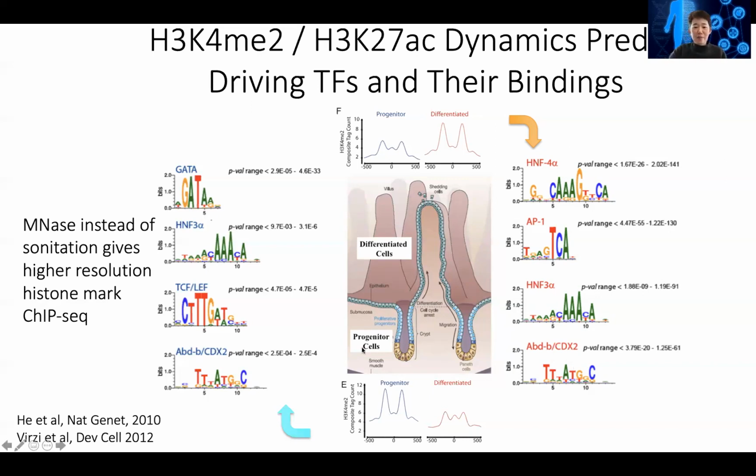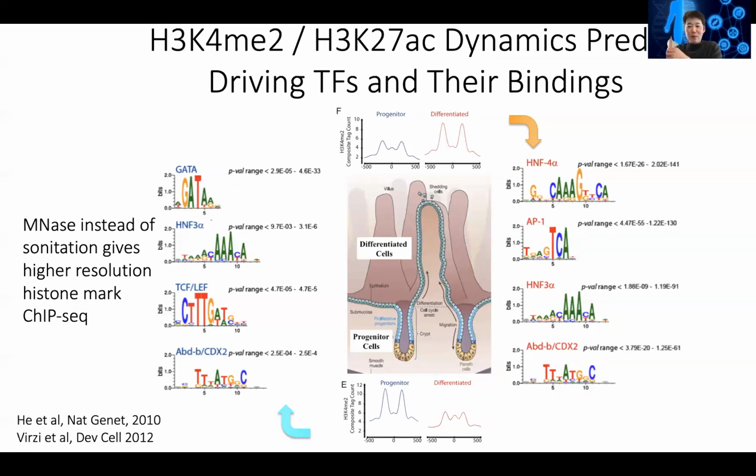This is because the same transcription factor is cooperating with different other transcription factors. So in this case, for example, in the progenitor cells, the CDX transcription factor is working together with GATA. And these two together both work as pioneering factors, and the two together can squeeze out some nucleosomes. And then in the differentiated cells, CDX2 is interacting with HNF4A, another pioneering factor.